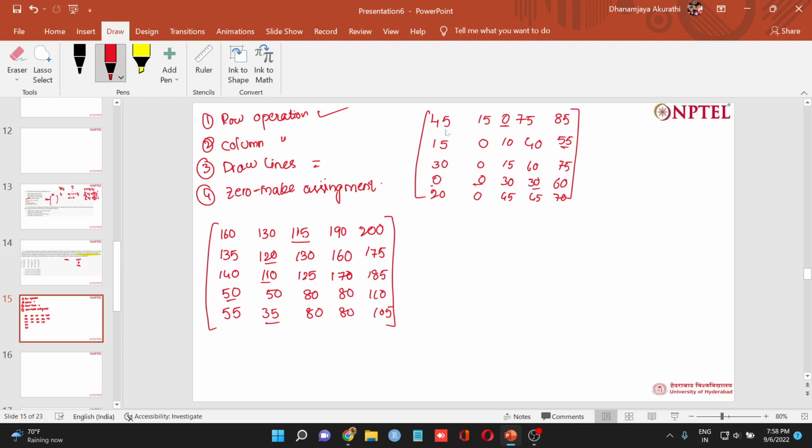So subtract other elements of that column by 0 for the first column. Then the first column stays as it is, the second column as it is, the third column also as it is, and the fourth column would be changed.